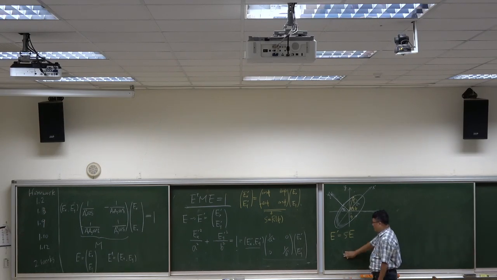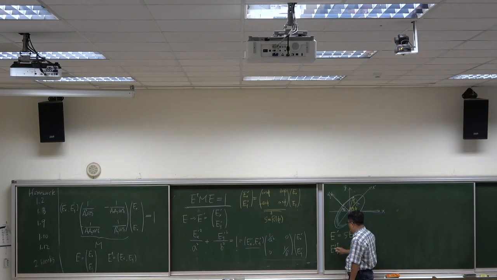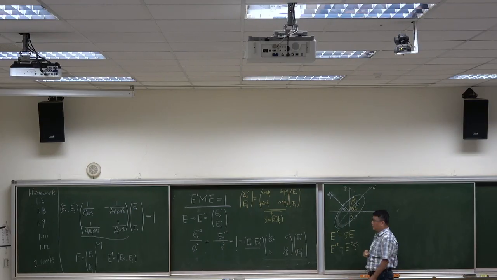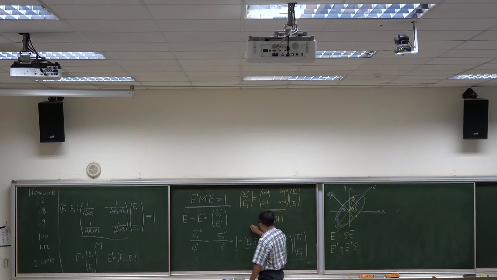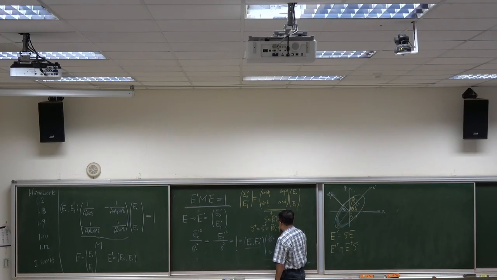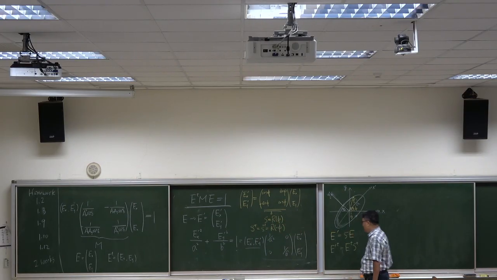So if you take the transpose, E prime transpose is equal to E transpose times S transpose. However, S transpose is nothing but the inverse of S, which is equal to rotation by minus phi.